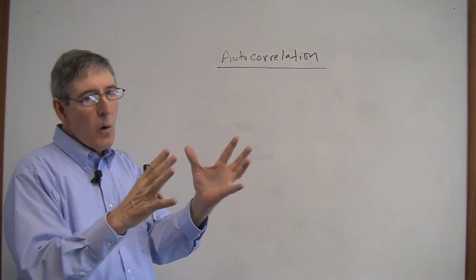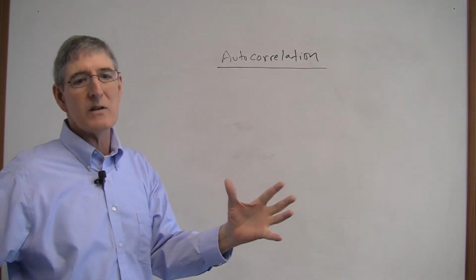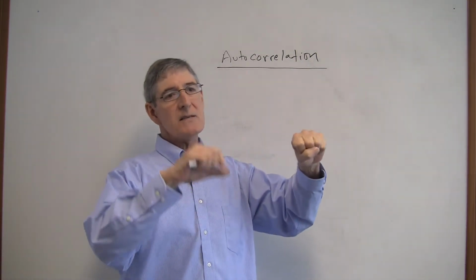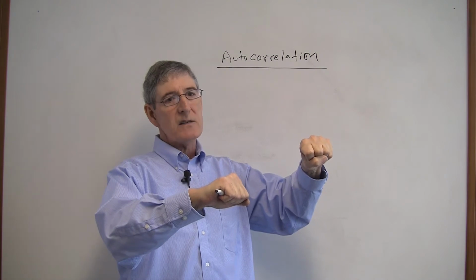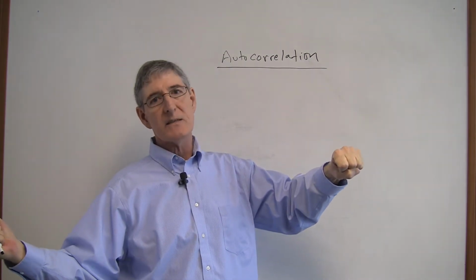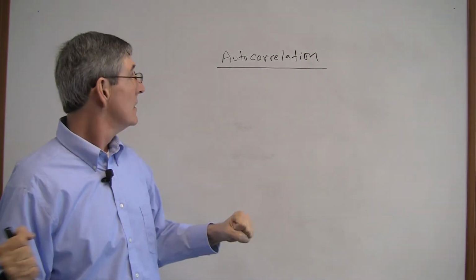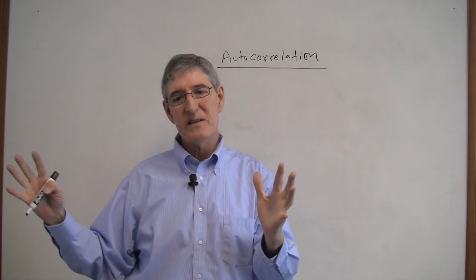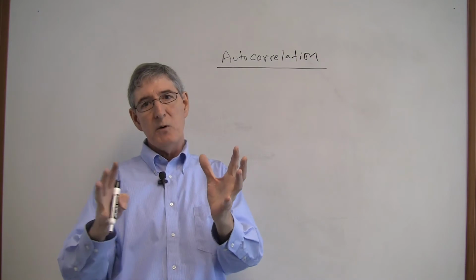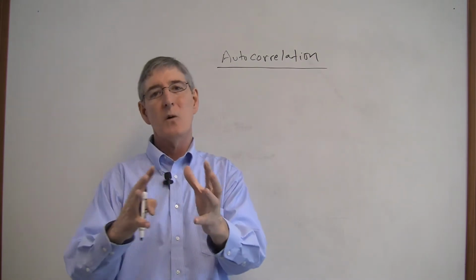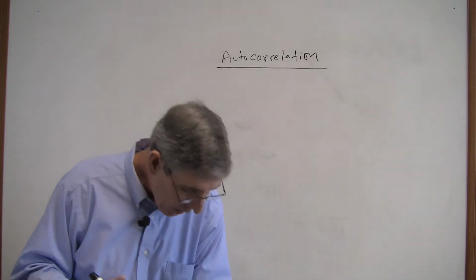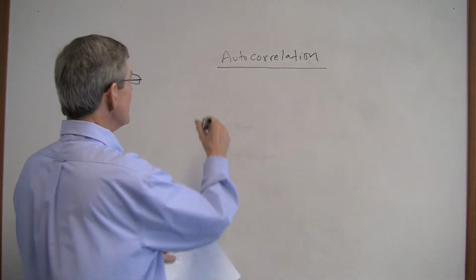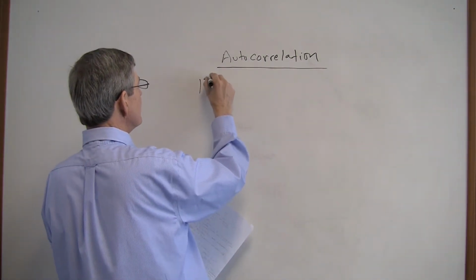And so the correlations die out over time. The weather today is much more correlated with the weather yesterday than with the weather 6 months ago. So we want to know how those correlations change as we move the days or the quarters or the years far apart.